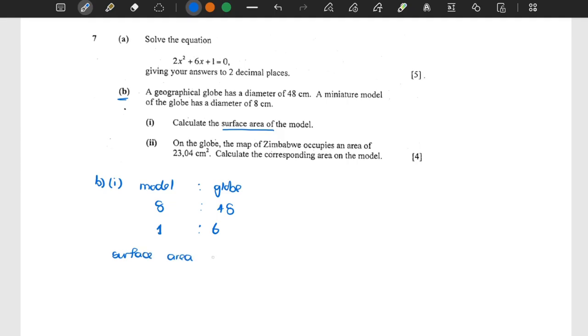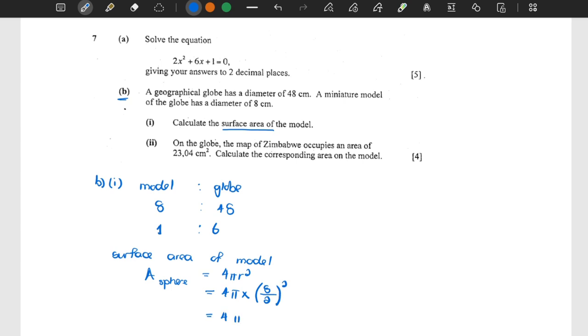So surface area of the model, area of a sphere, right, is 4 pi r squared, and we know that it's going to be 4 pi times r. In this case, the model, we know that it's 8, which is the diameter, divided by 2. That's going to be 4 squared, right?